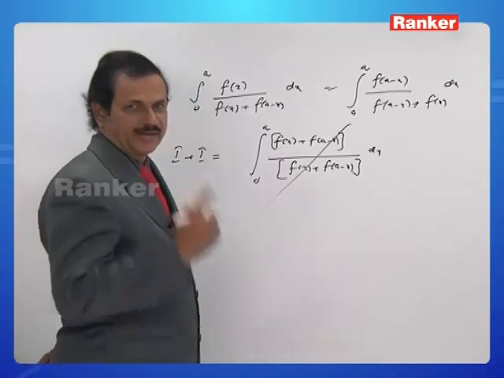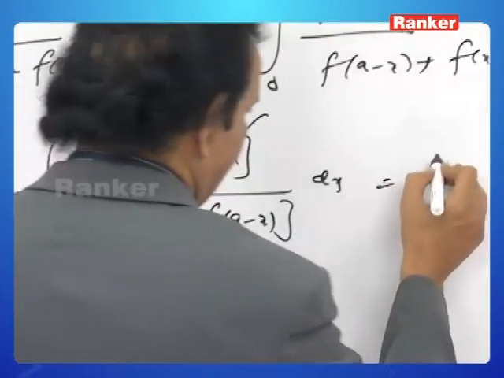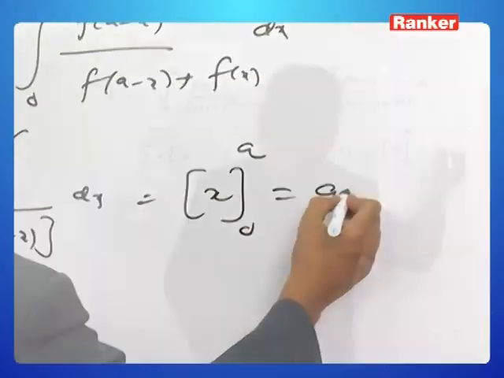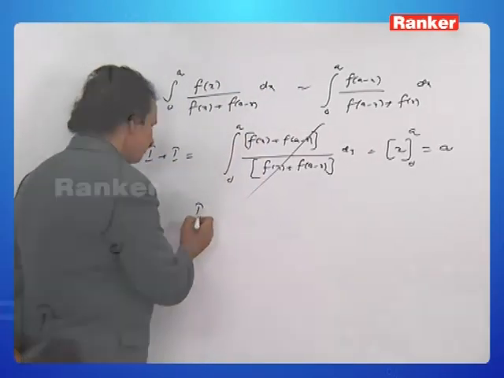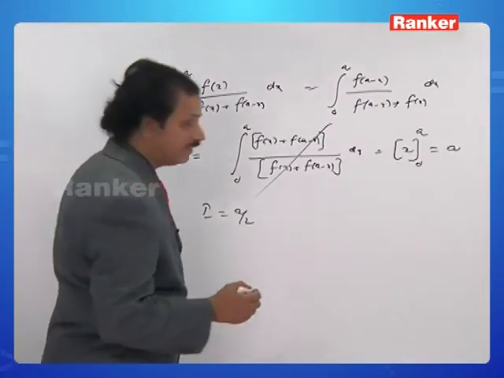If you cancel them, again 1 in the integrand. So it is x between the limits 0 to a. That is a minus 0 or simply a. I plus I is a. Therefore, I is equal to a by 2.